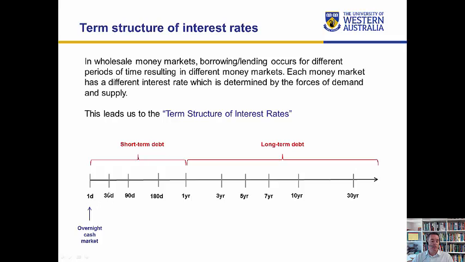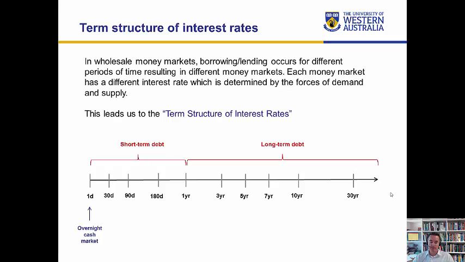There's also markets for 30-day borrowing and lending, 90-day borrowing and lending, and 180-day borrowing and lending. Then we get up to lending of longer periods of time, such as 1 year, 3 years, right up to 30 years. There's even a market for borrowing and lending money at 100 years.